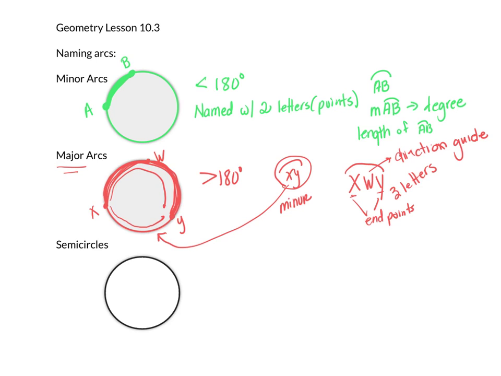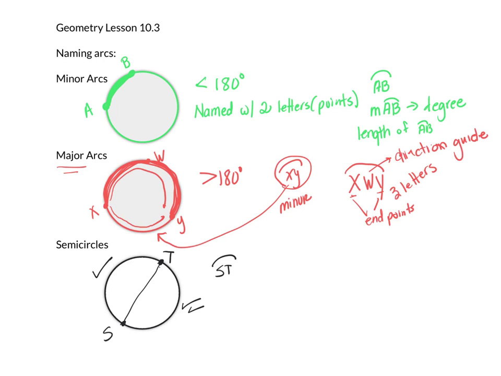Semicircles are the same way in that they need three letters to be able to let you determine, are they talking about the left side or the right side? So I'm going to put a diameter in here. And let's just call these S and T. So if I say arc ST with just two letters, you don't know if I'm talking about this side of the circle or this side of the circle.